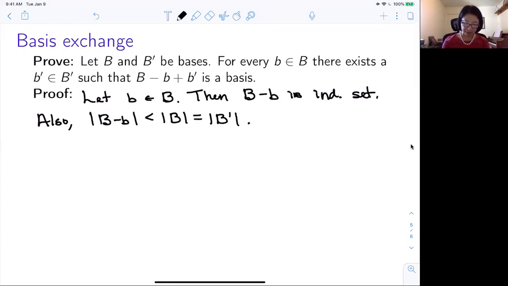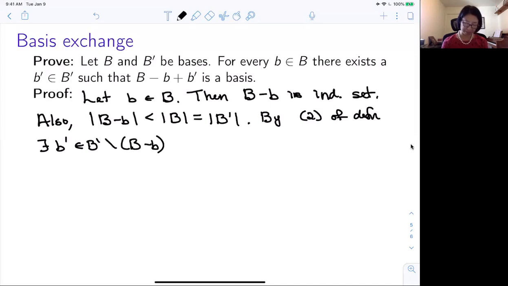So by, again, property 2 of the definition of a matroid, there exists a b prime that I can take to be in B prime, take away B minus b, such that B minus b plus b prime is independent.